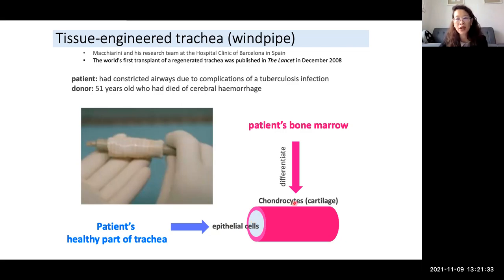And the second part is the patient's cells from the bone marrow here. So the doctor seeded the cells on the outside of the kernel, and they became cartilage, the ring cartilage along the kernel.